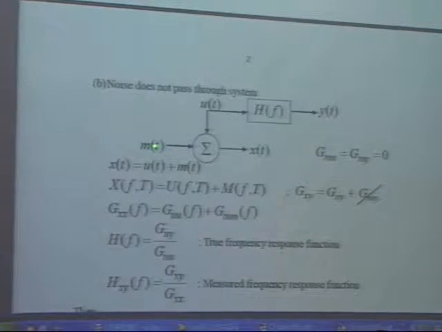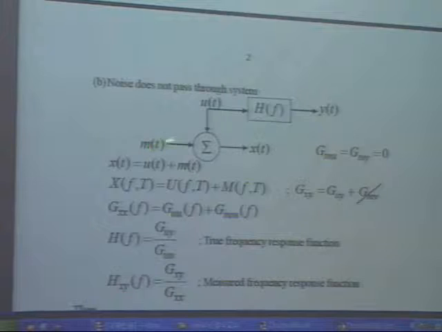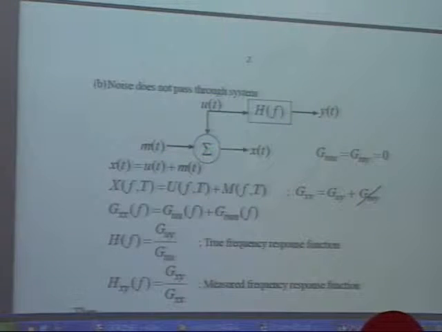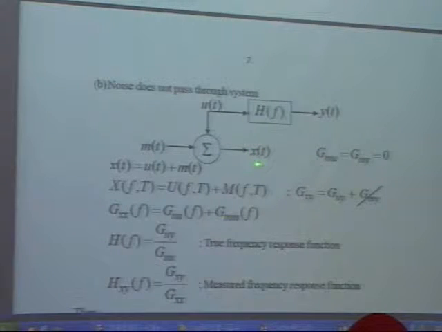There is no relation between this and U or Y, okay? Because it stays on the input side. So X is equal to U plus M. X is equal to U plus M. This is the measured X, the input from the transducer.